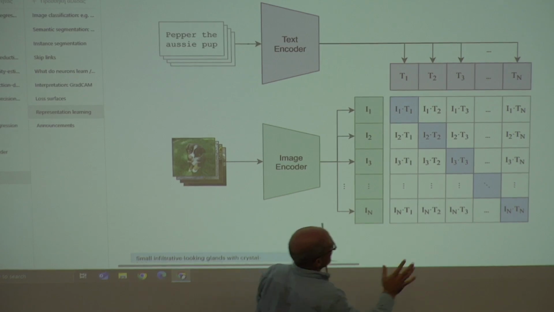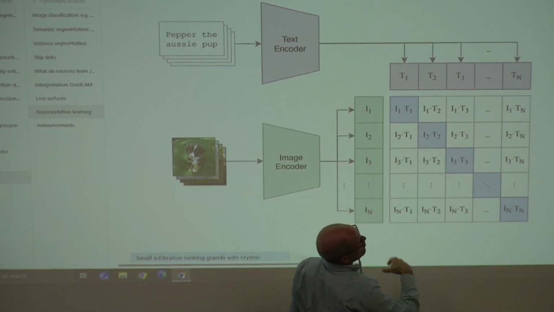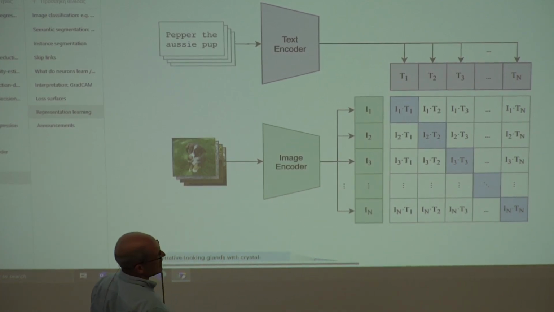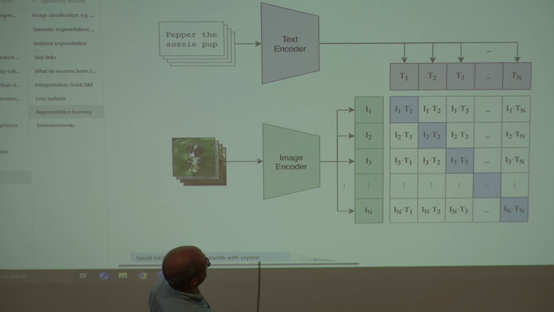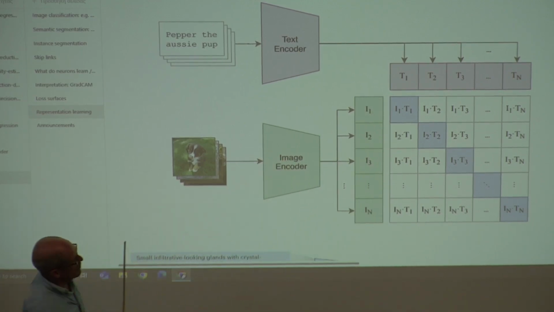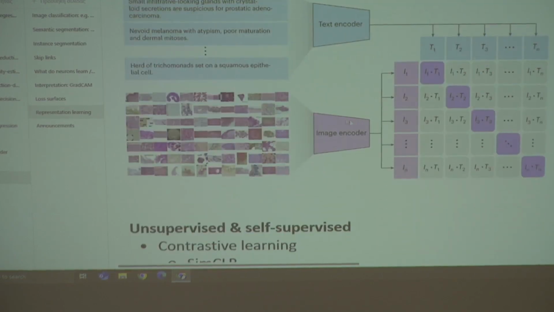So we can apply that kind of loss. We want high values along the diagonal. We want low values on the off diagonal. We can apply this kind of loss and then do back propagation into both our encoders. And this you can do with general images, or you can do it with data from specific domains.